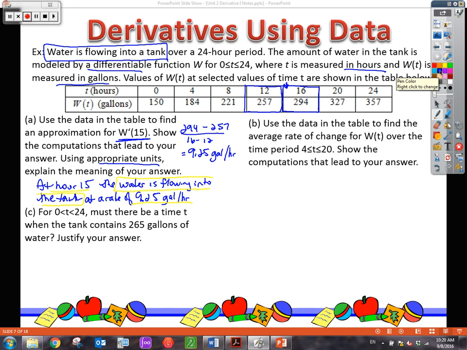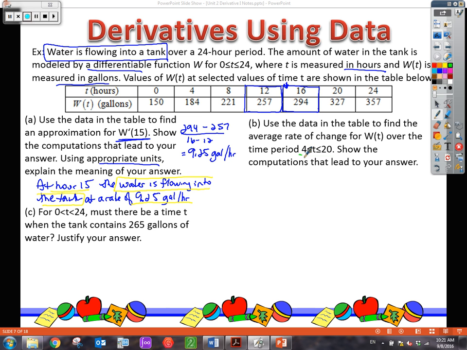So part B says, use the data in the table to find the average rate of change for W of t over the time period 4 to 20. Show the computations that lead to your answer. Okay, so this time we're actually going to use the same formula but for a different purpose. We're using that slope formula, but this time we're going to use it to actually find an average rate of change. So let's take a look at what values they are.